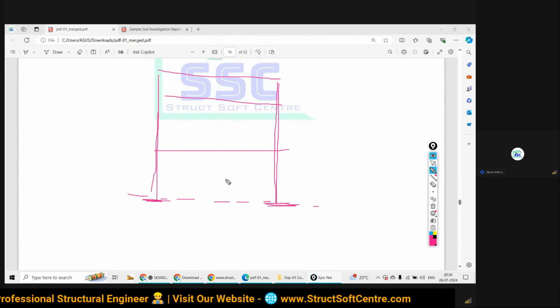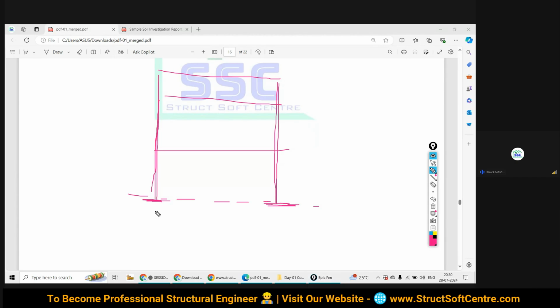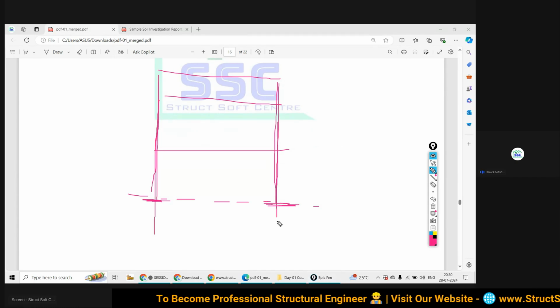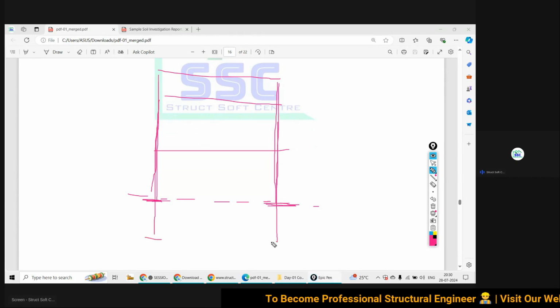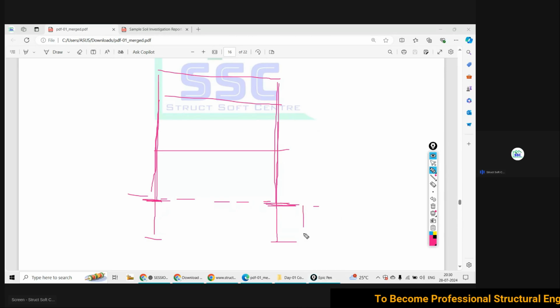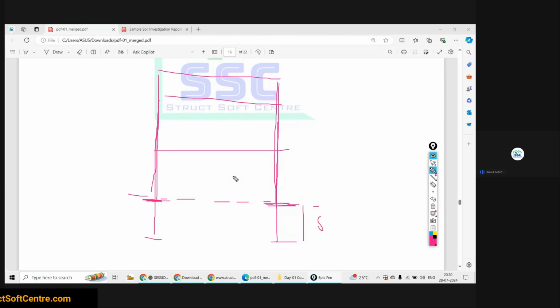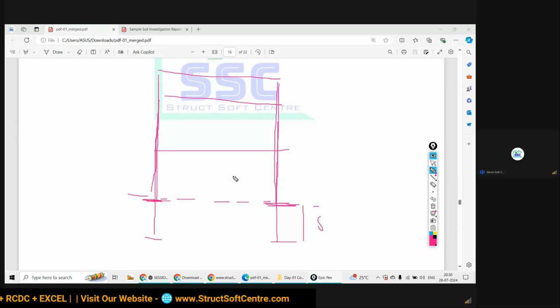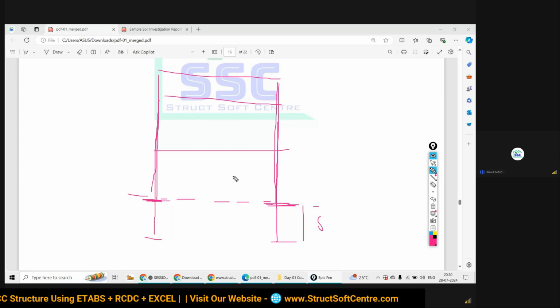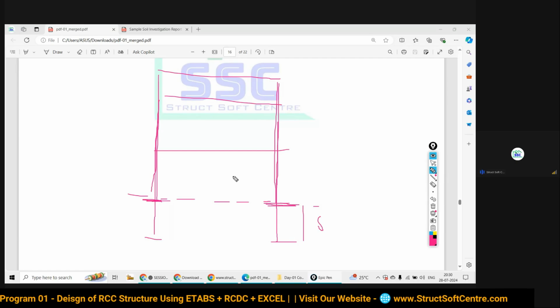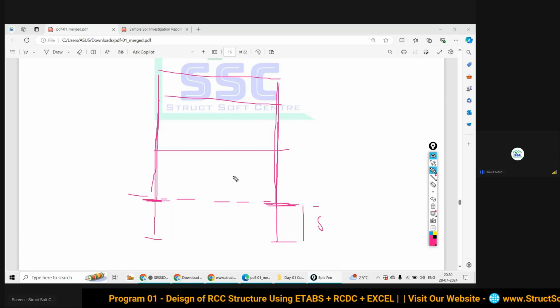But that settlement should be uniform. The base of the columns should be at the same level. I will say this is a uniform settlement, and that is acceptable, because the entire structure settles. That is not going to lead to complete collapse, complete failure or great damage to the structure.